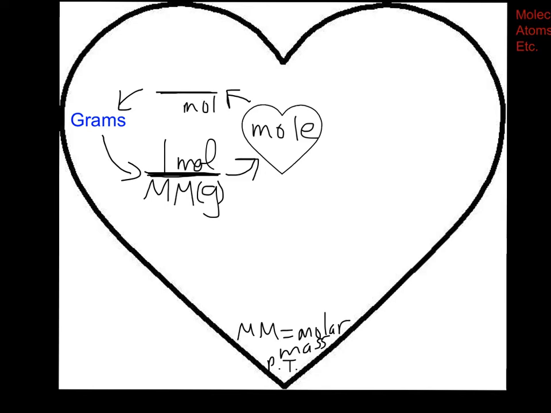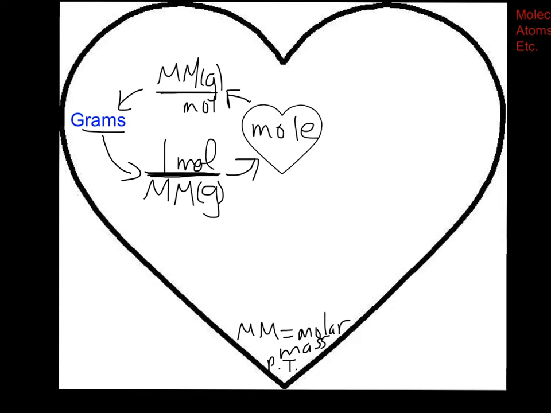If we desire grams as our final answer, then we're going to need to have grams on top. That's the unit, which means we need to find the molar mass. Again, that is on the periodic table. Molar mass is from the periodic table. All right, so that's half of our problems that we've dealt with.